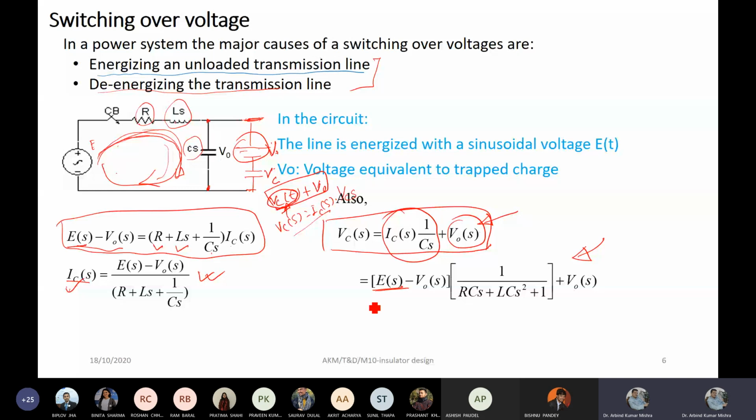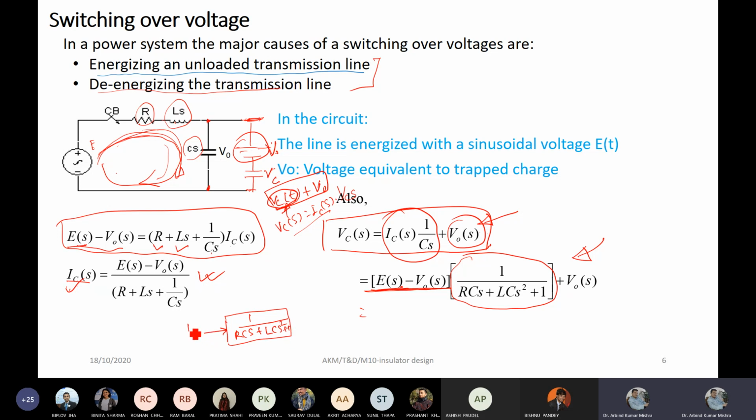What I have done in MATLAB is, as you know, once you take the Laplace inverse of this voltage, then in MATLAB, if you give this as an input and this is the transfer function, meaning I give a block, and this block has a transfer function of 1 upon (LC s square plus RC s plus 1).